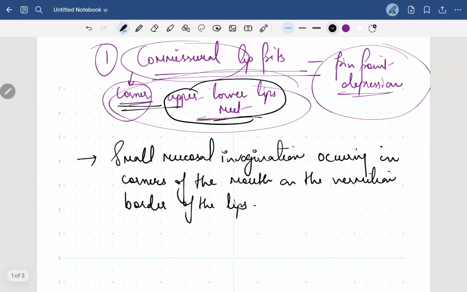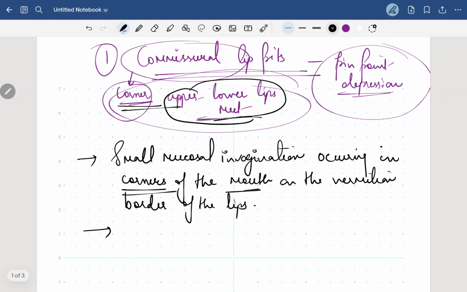Because they are present in the corners of the mouth, their location suggests a failure of fusion of some processes. Whenever there is normal fusion of the maxillary and mandibular processes, it will form the normal structure.